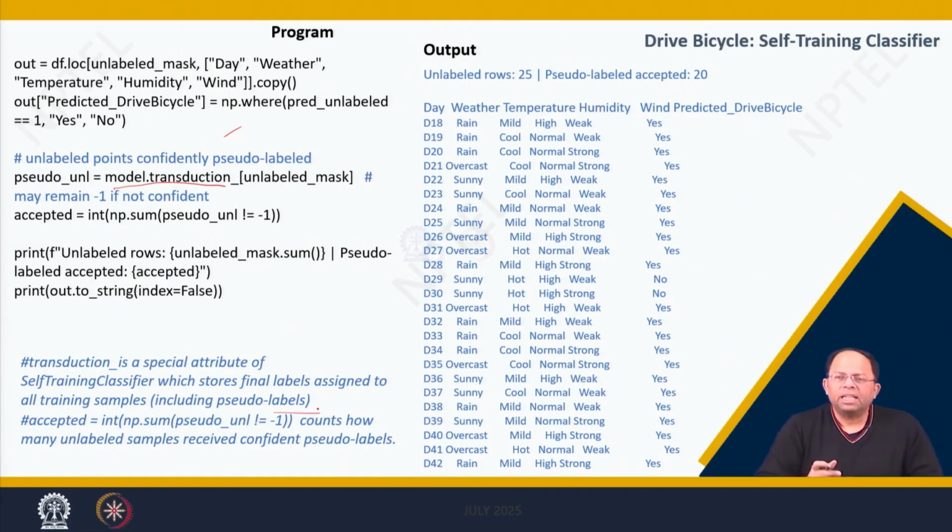That means it tells us which ones are pseudo labels and which ones are the actual labels, right? And this accepted is basically counting the number of pseudo labels; it counts how many unlabeled samples received confident pseudo labels. That means out of the ones predicted, the ones above the confidence level that we have set.